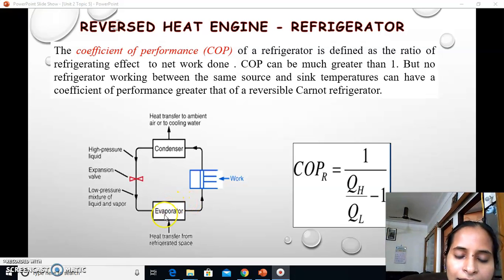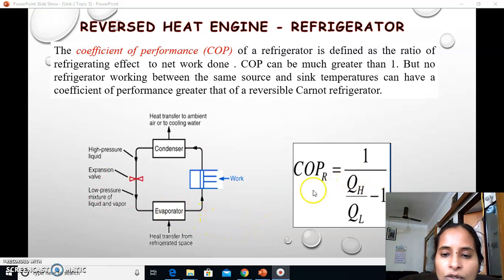In a heat engine, it takes heat from the higher temperature, but in this place work is supplied and heat is taken from the lower temperature, and then the heat from the lower temperature is given to the higher temperature place of the atmosphere.